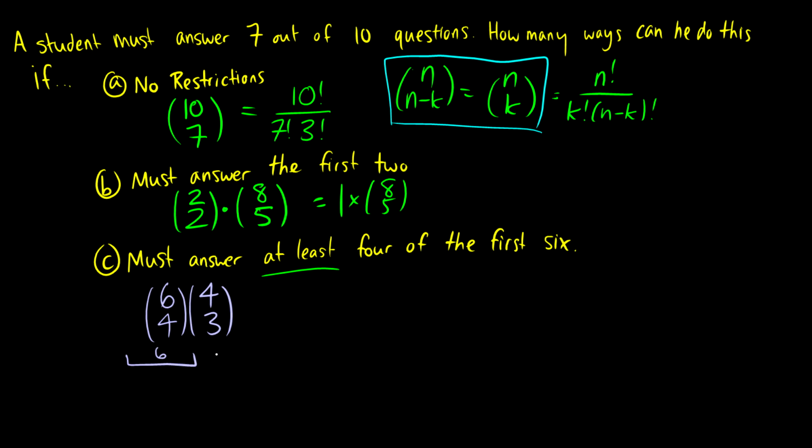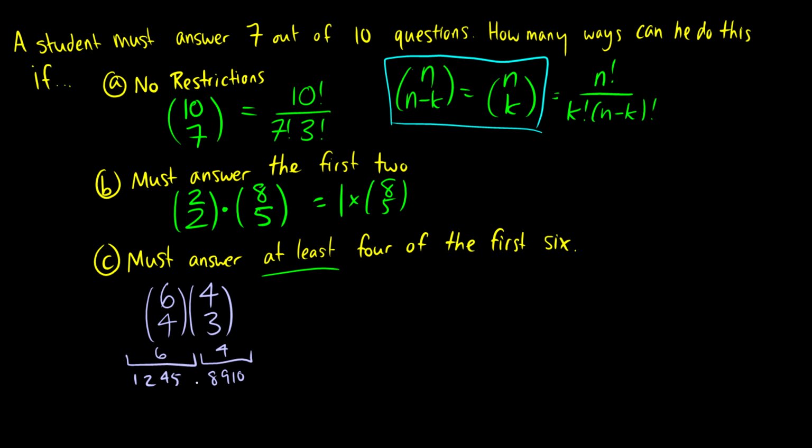Here's the first 6 questions, and here's the remaining 4 questions. In this one he picks the first, the second, the fourth, and the fifth, and then in the second part he picks the 8th, the 9th, and the 10th. So those are the questions he could answer. So we multiply them because the selection could change for the last 4 questions.